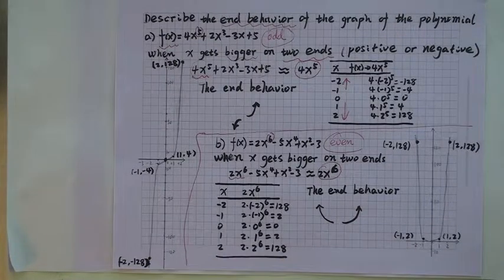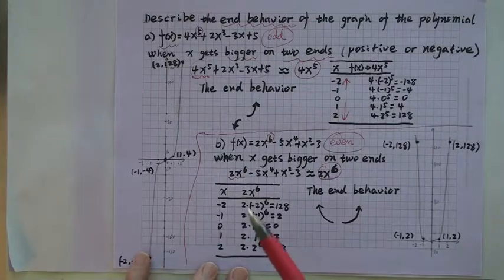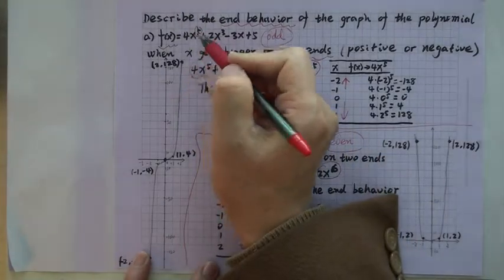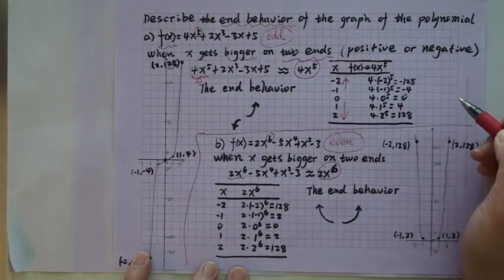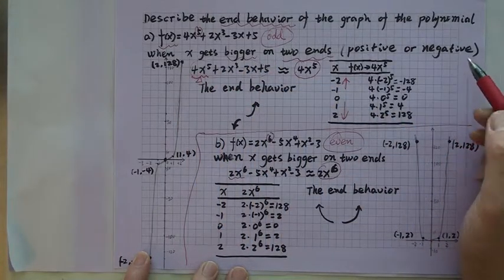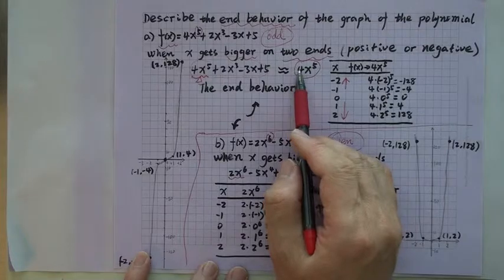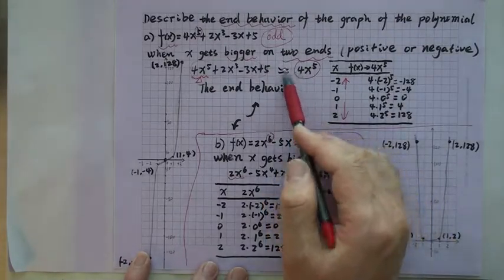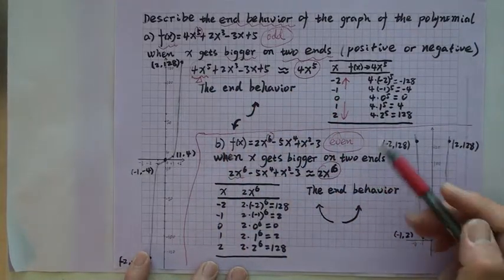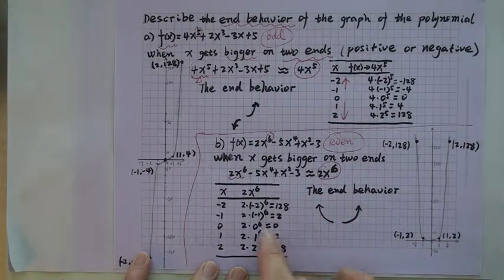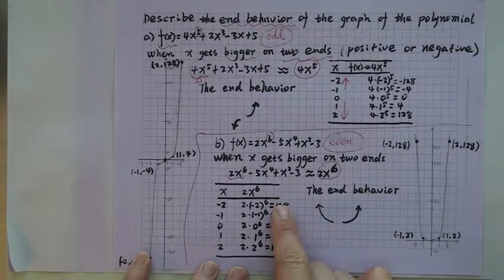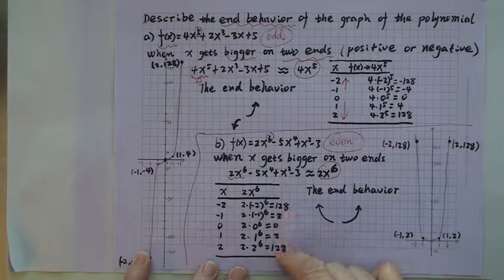That's the trick. So for end behavior, you only need to consider the leading term. Here we are lucky that they are both positive. If one of them is negative, for example, if here were negative, then whatever you input, you always get negative.